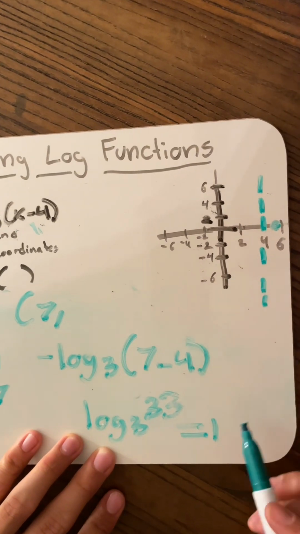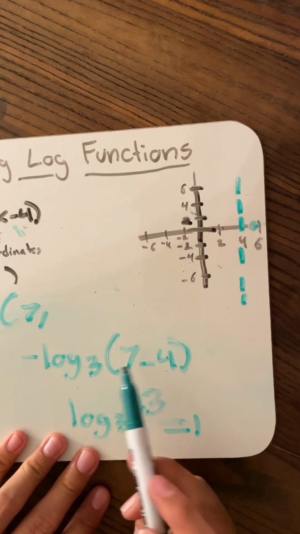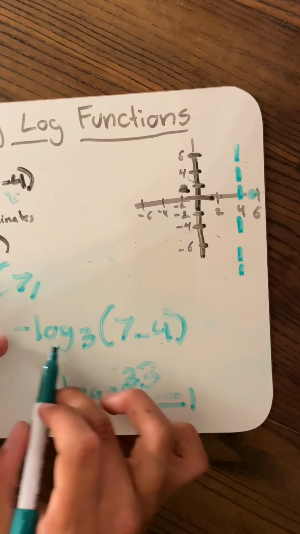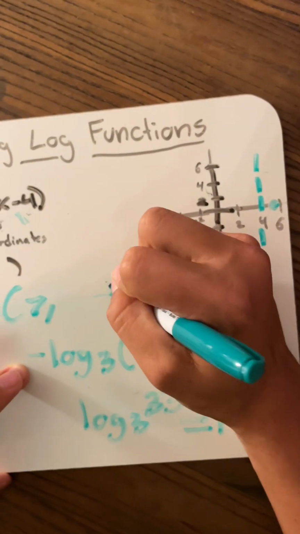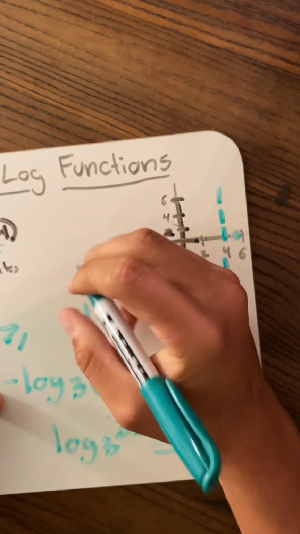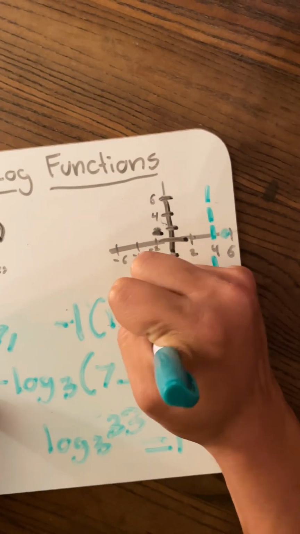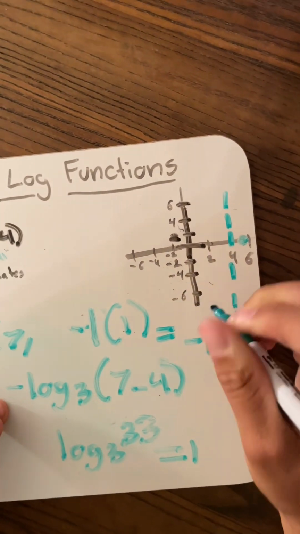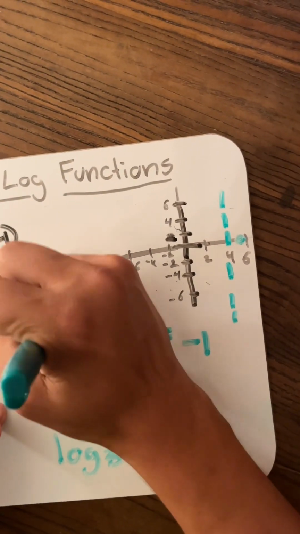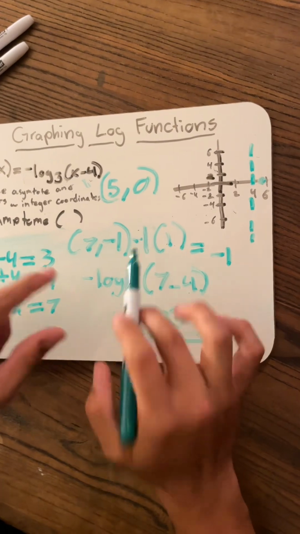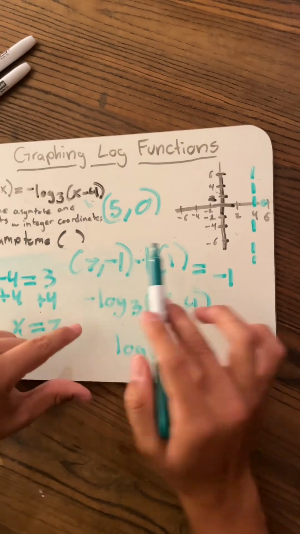After we get our 1, we multiply it by the negative at the beginning of the log. So negative 1 times 1 equals negative 1. So we have 7 and negative 1. After you get your final y, you have (7, negative 1).